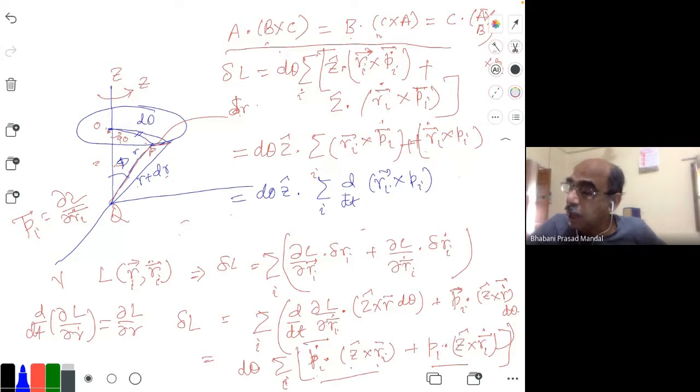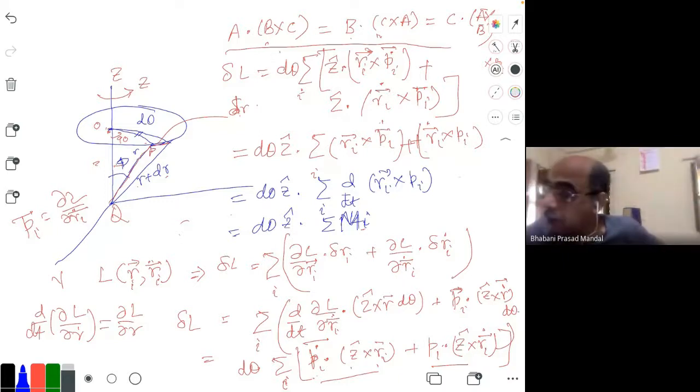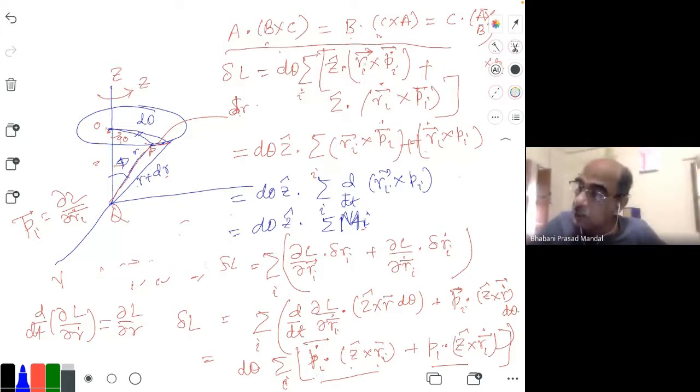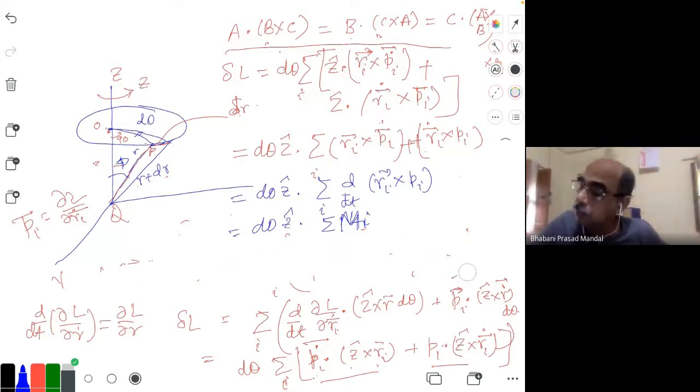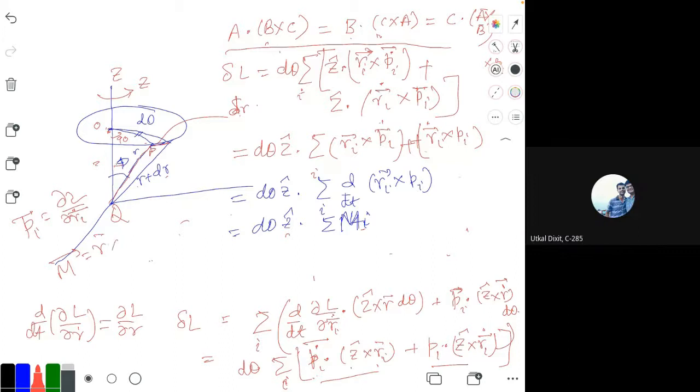So this quantity is d theta dot, then sum over i, Li, sorry, let me write mi, the angular momentum for the ith particle. I am not writing L, because then you will be confused with the Lagrangian. So m is angular momentum, r cross p.